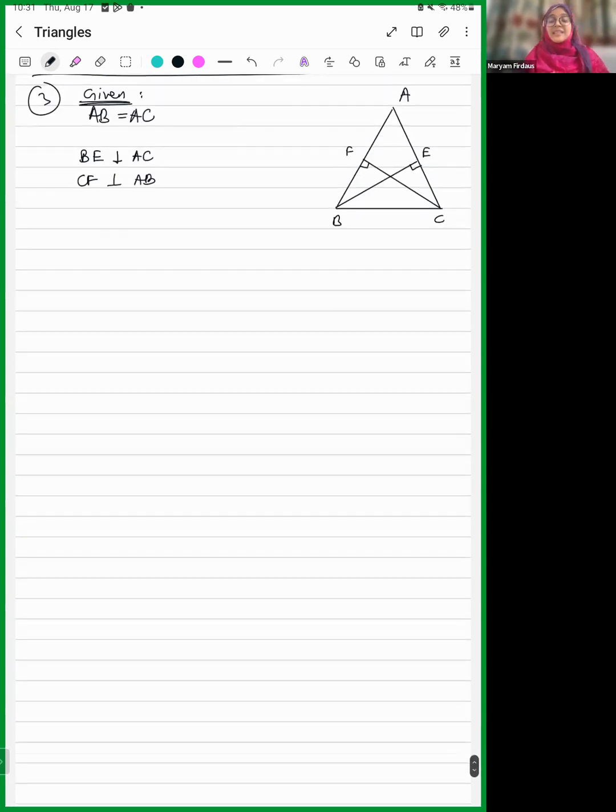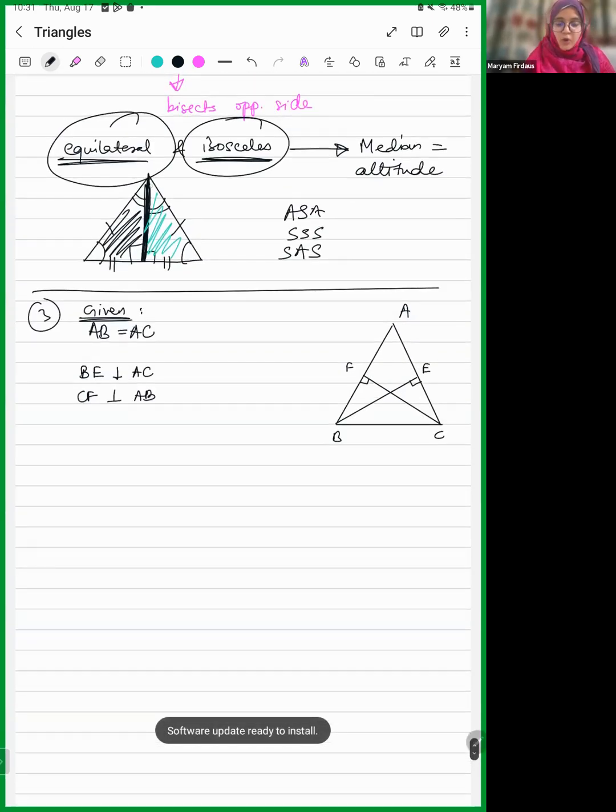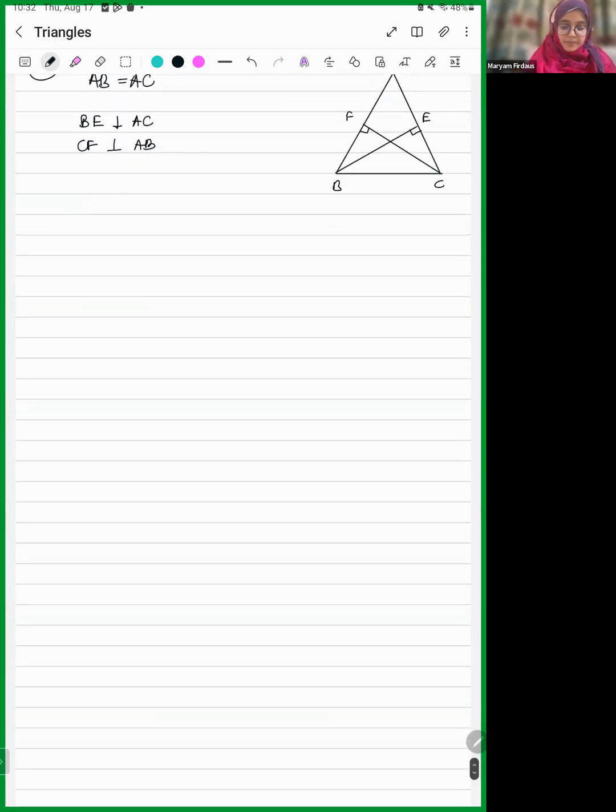It becomes a median of the triangle only when it is being dropped from the vertex whose angle is not equal to either of the other two angles. Let's say in this triangle, this angle is equal to this angle. The altitude dropped from the third angle will become the median.